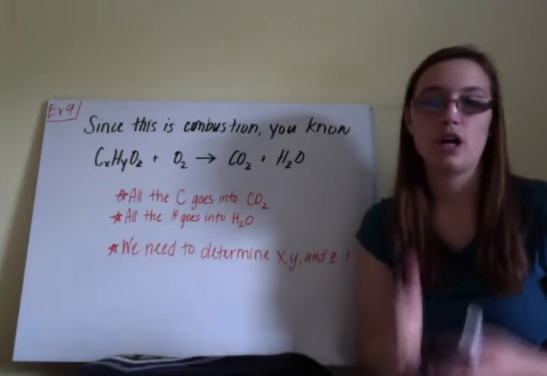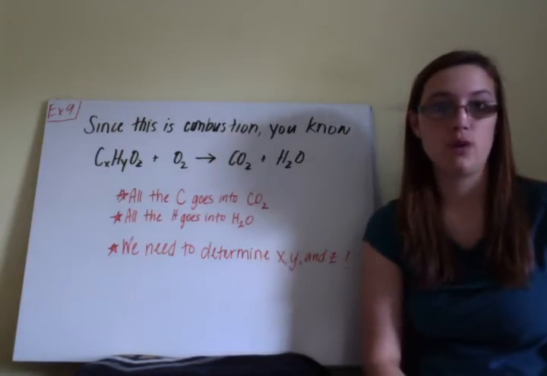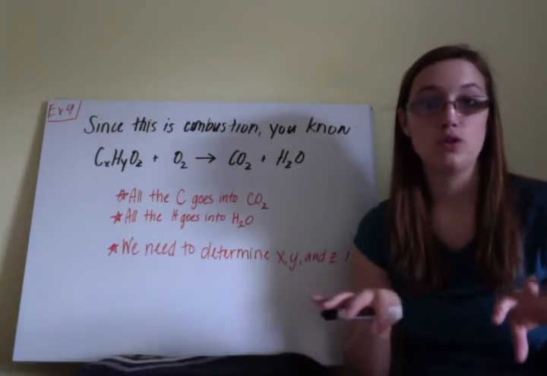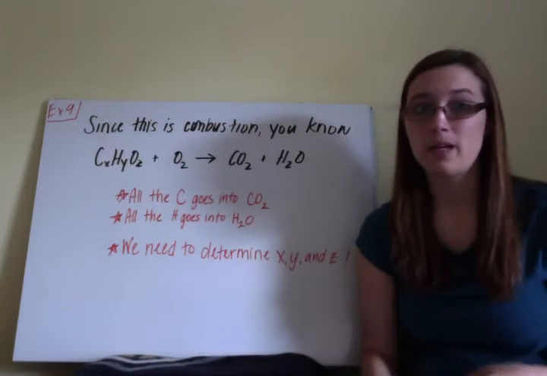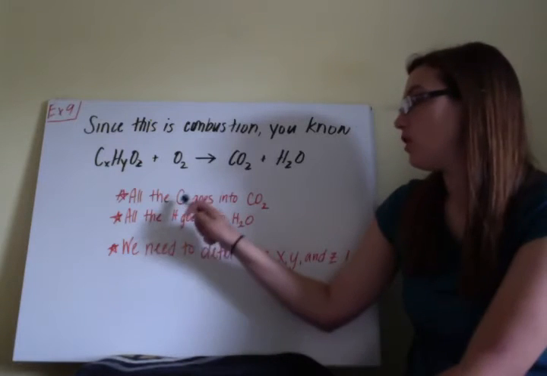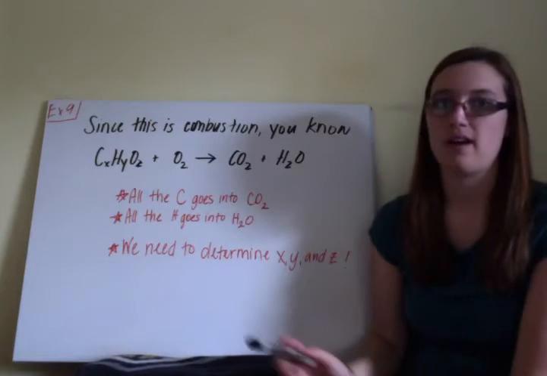Okay, so all of the carbon goes into CO2, all of the hydrogen goes into H2O. So we know that our carbon and our hydrogen only go to their respective compounds, where the oxygen is probably going to be split up between the two. So we know all the C, all the H. We need to determine this X, Y, and Z.